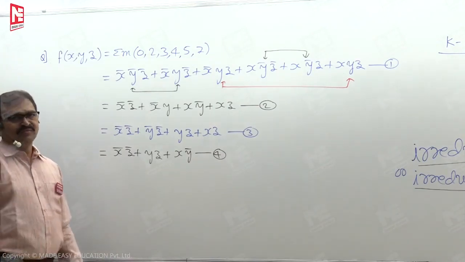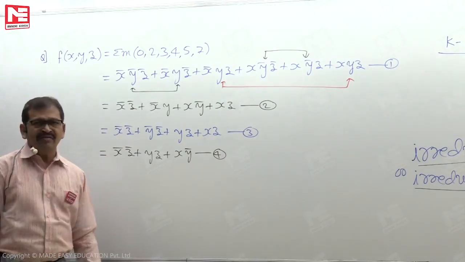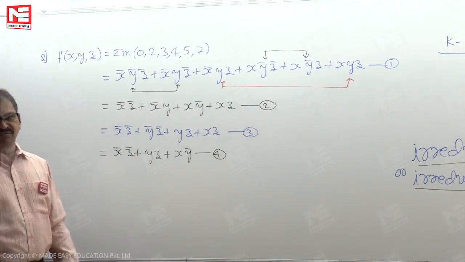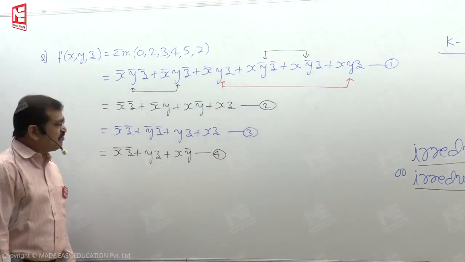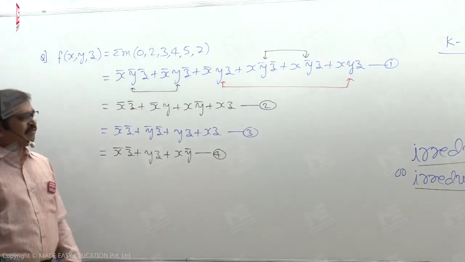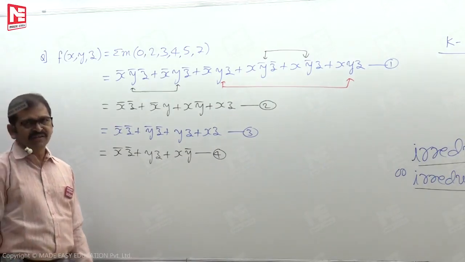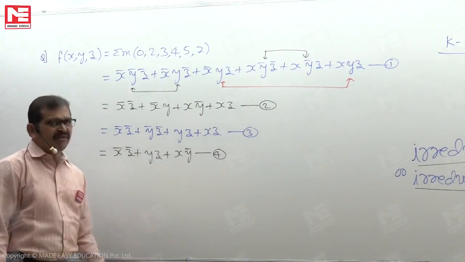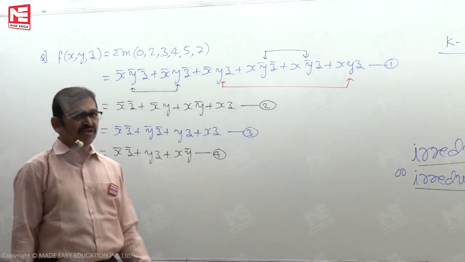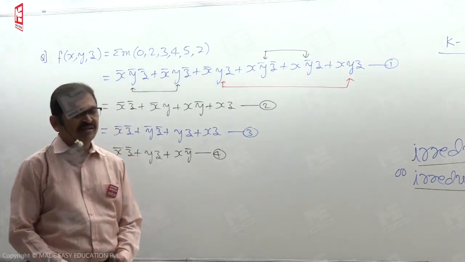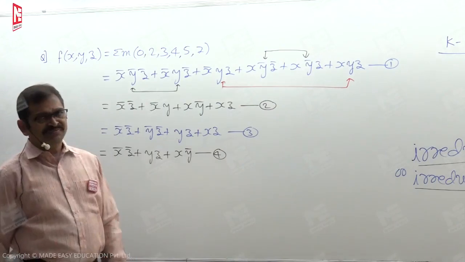So this equation 4 also has fewer terms compared to equation 1, so definitely equation 4 is one of the simplified expressions for the given function f.